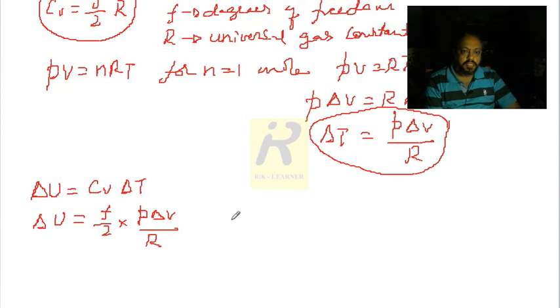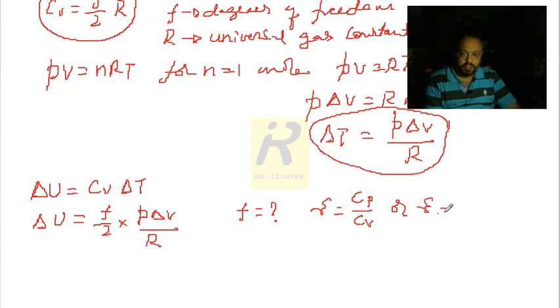Further, F is the degrees of freedom, as I already said. This can be converted in terms of gamma, where gamma is Cp by Cv, the ratio of specific heats of gases.